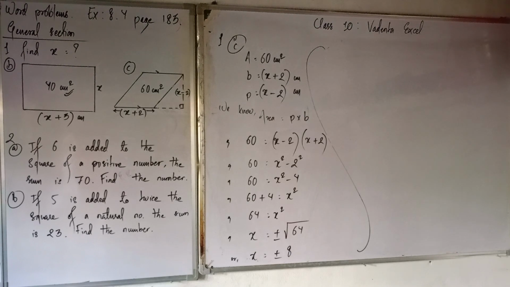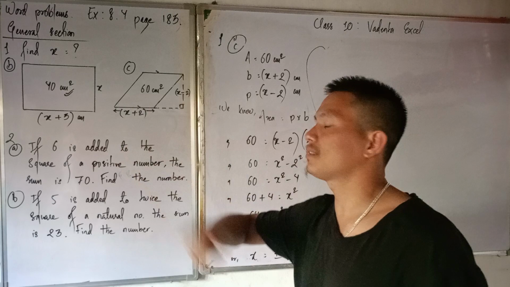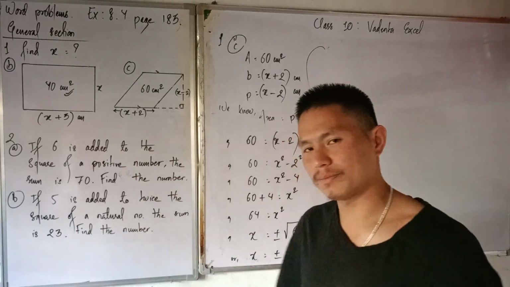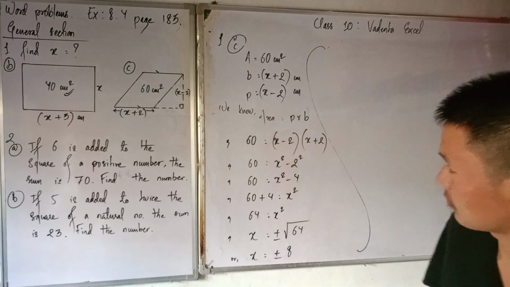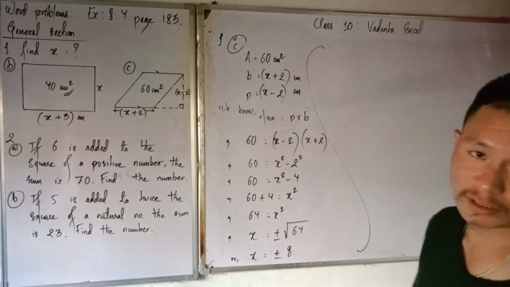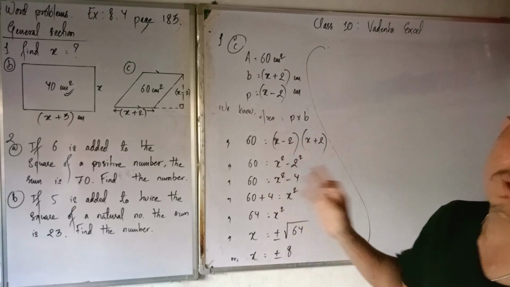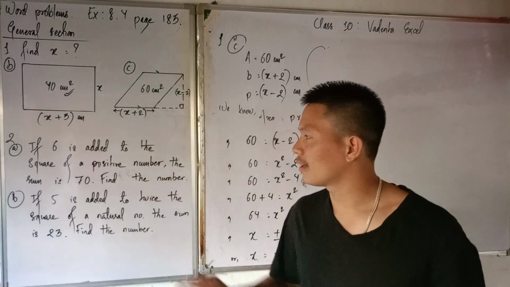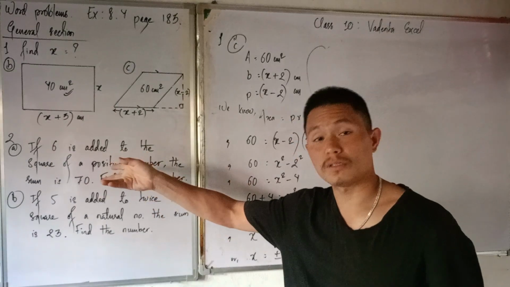So from 2A they start word problems. From these word problems, if you are able to make an equation from this sentence, from these statements, then the other process is the same as what we just did in the previous one. Only the main focus here is how to make equations according to these questions.